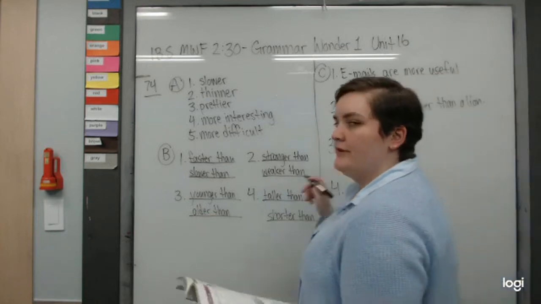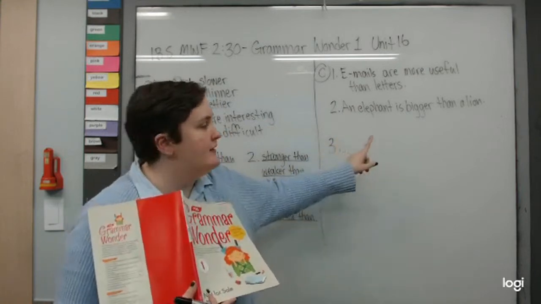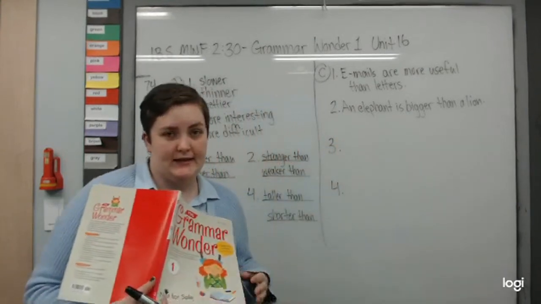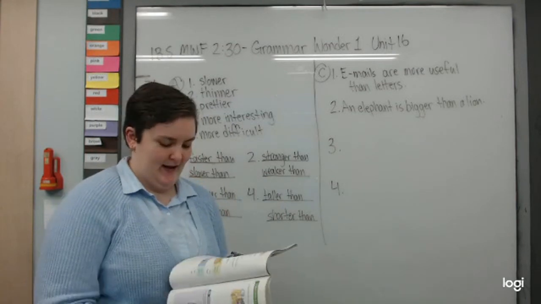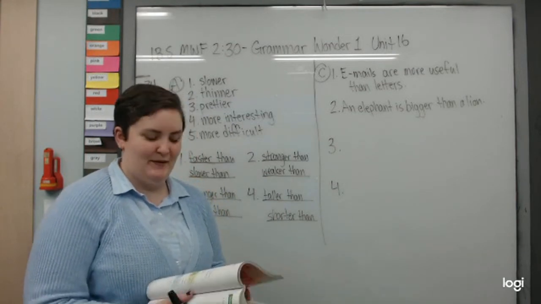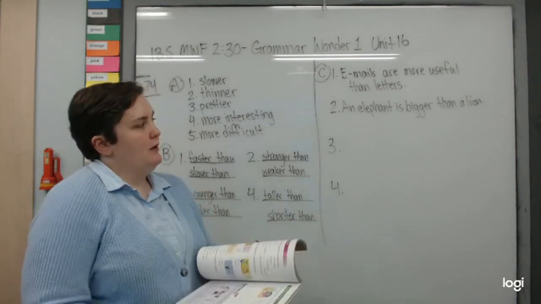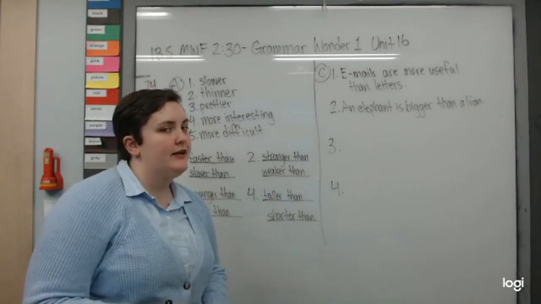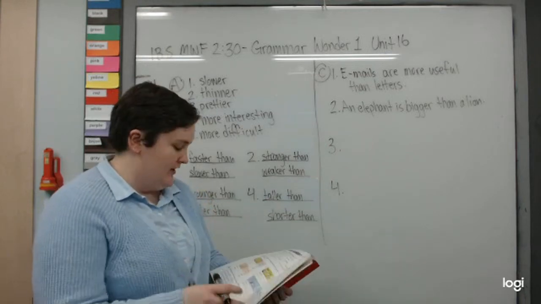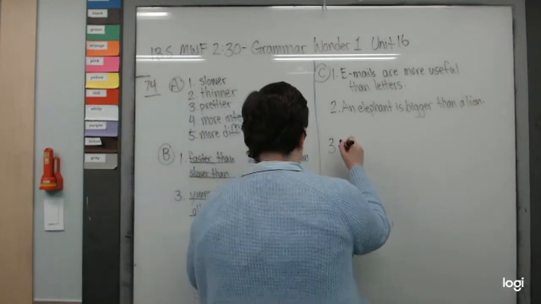Make sure that you use a capital letter at the start of your sentence and a period at the end, okay? Number 3, Tom's camera is good than my camera. What's wrong with good? Well, we want better because it isn't good, it's better. Tom's camera is better than my camera.